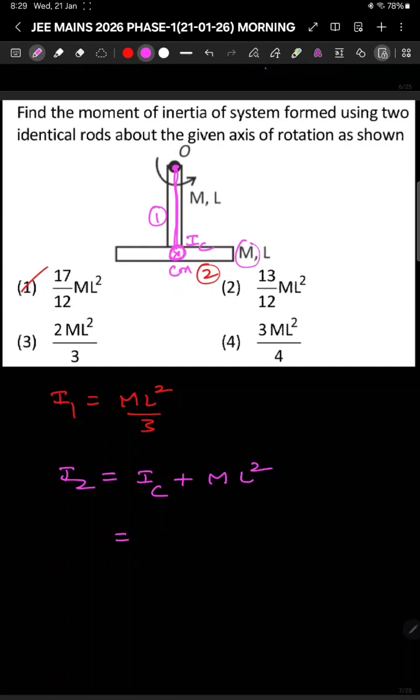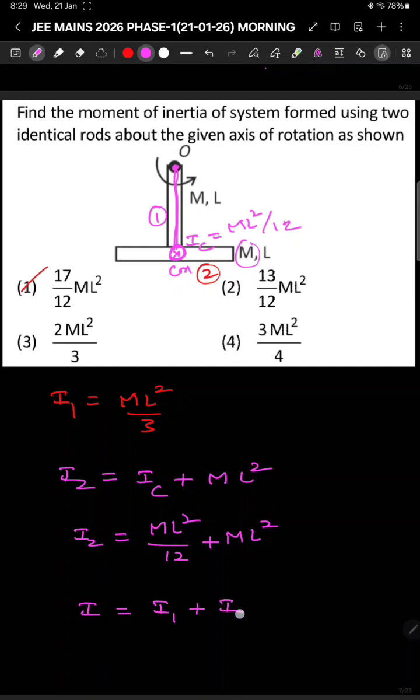For this rod passing through the center of mass, IC is ml square by 12. So IC is ml square by 12 plus ml square. We got I2. The total moment of the system is just I1 plus I2. That's your answer. Simplify this.